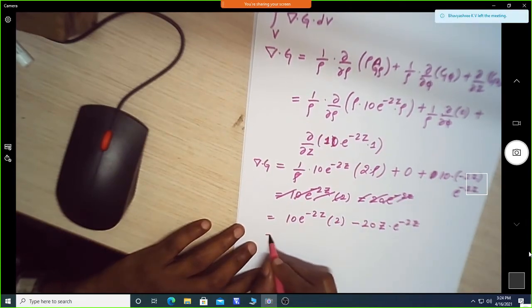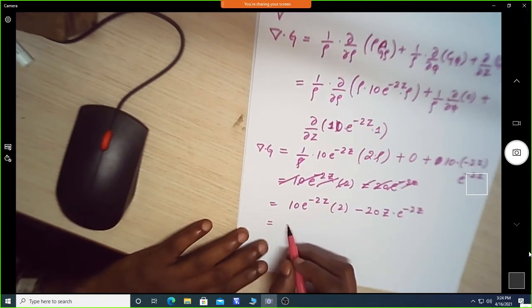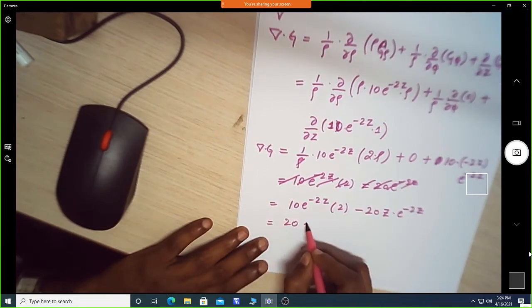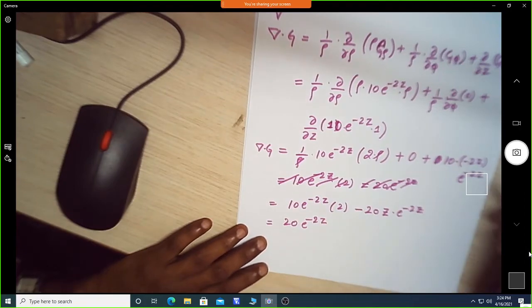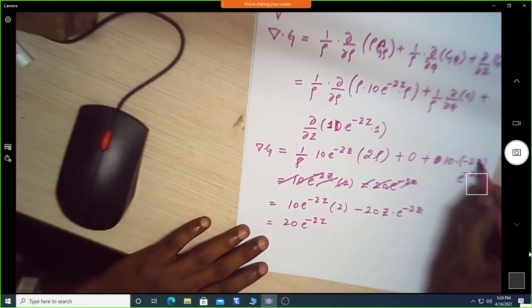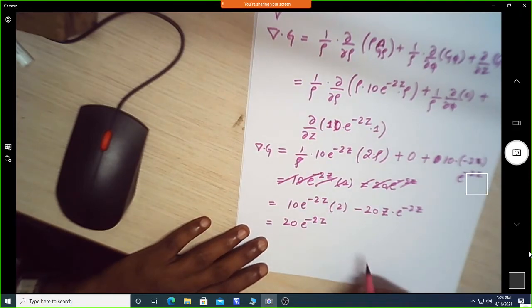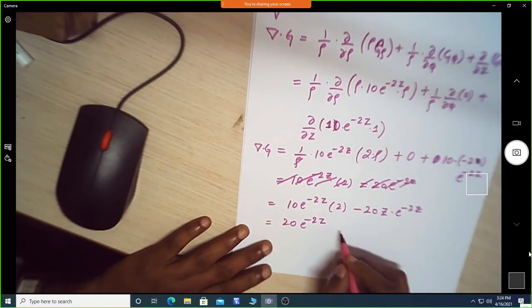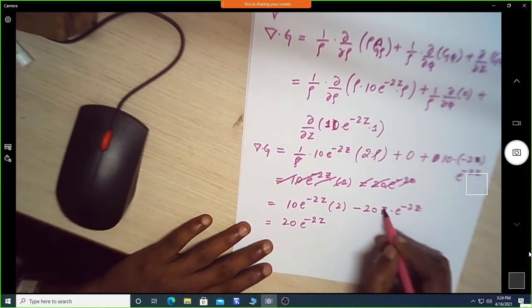Here again it is 20 into e power minus 2z. Sorry, minus 2 into e power minus 2z. This is the differentiation, which if you multiply is minus 20.